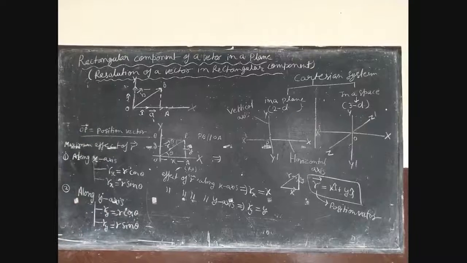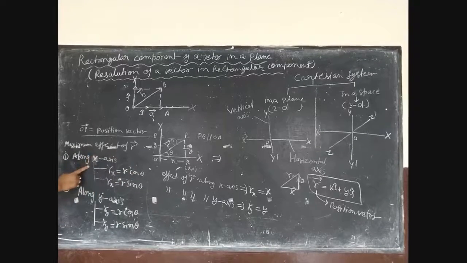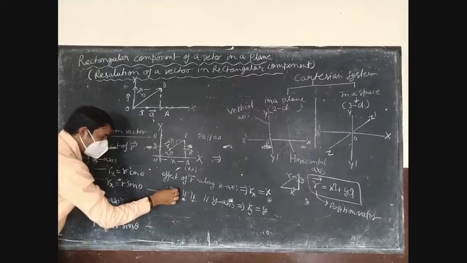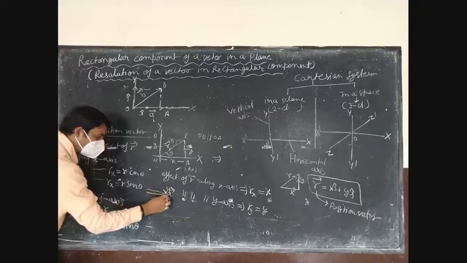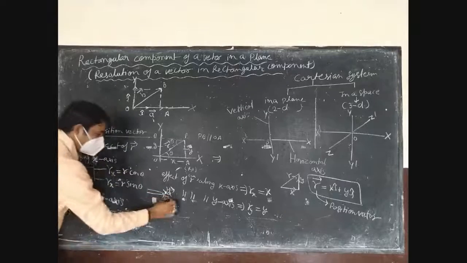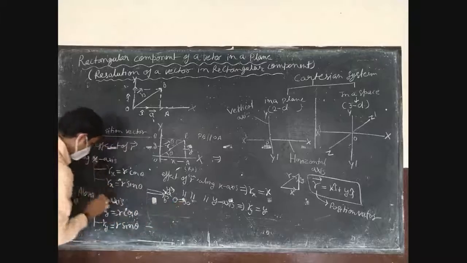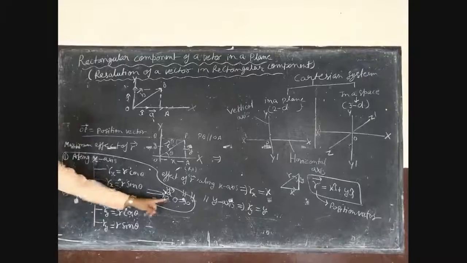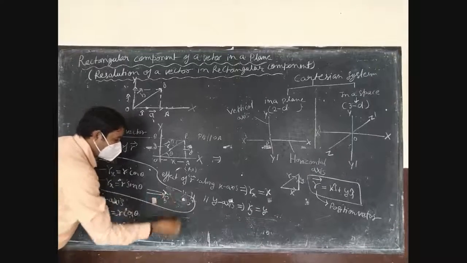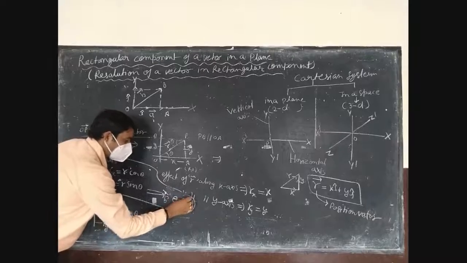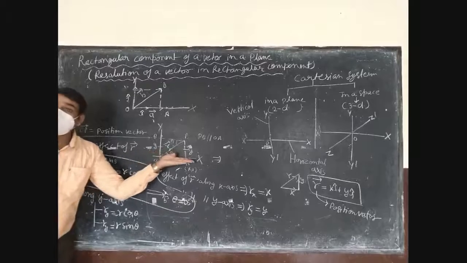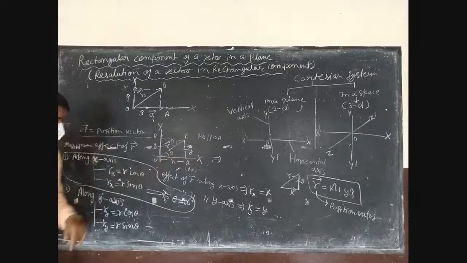Let me clarify what this theta is. When we discuss the x-axis, let's say this is vector A and this is vector B. For case 1, theta is how much? 0 degree, which means this R is also acting along the x-axis.